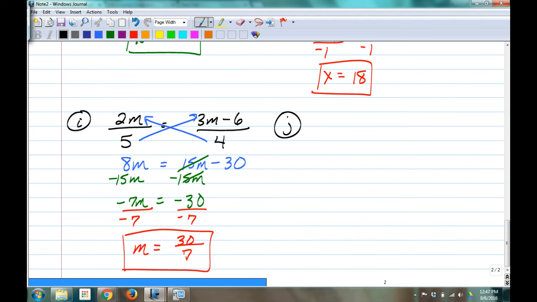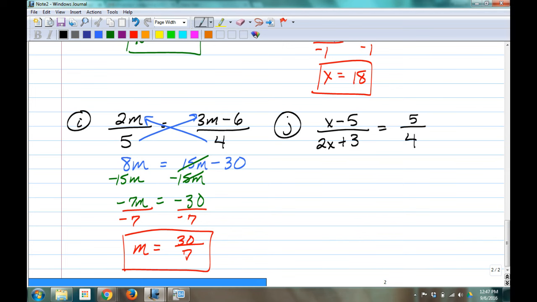All right, toughest one. Or maybe it's the toughest, I don't know. x minus 5 over 2x plus 3 is equal to 5 over 4.